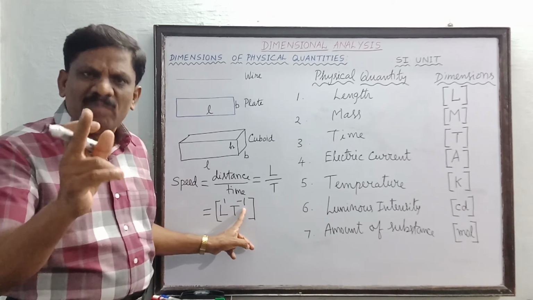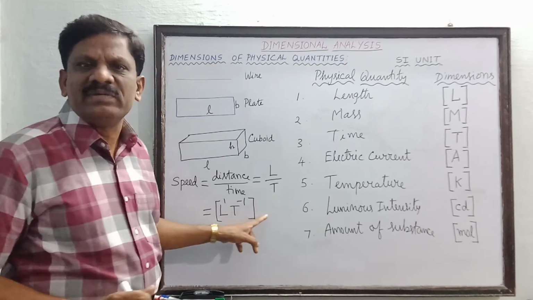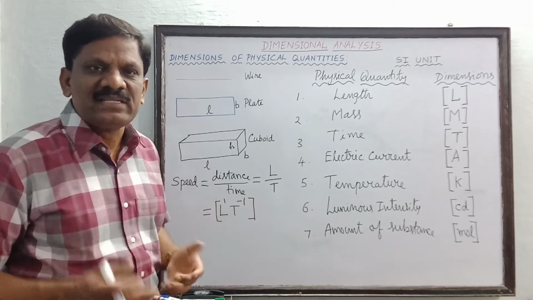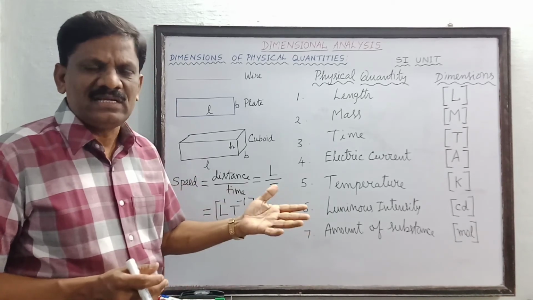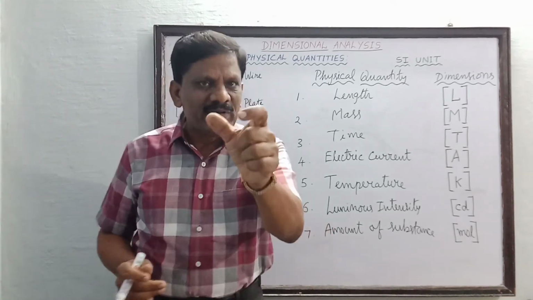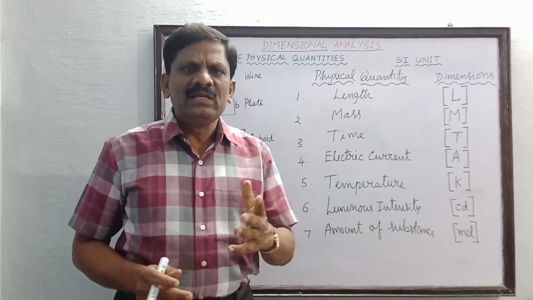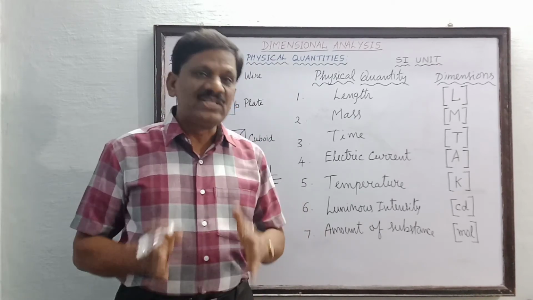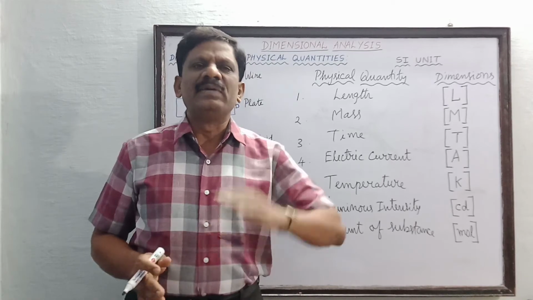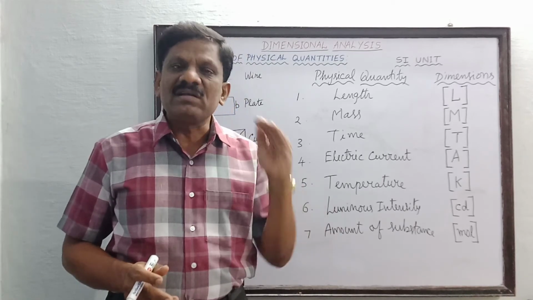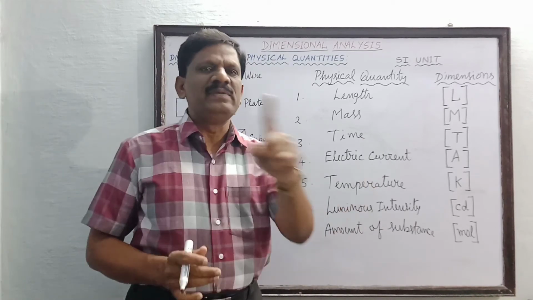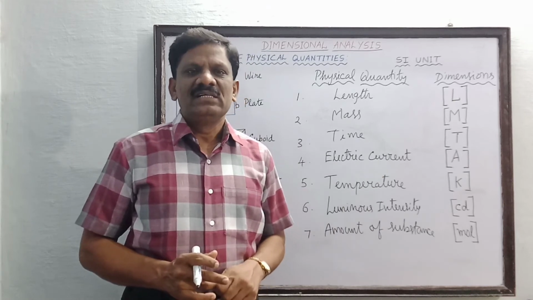Does it depend on the mass of the body here? Is there any mass term here? No. That means speed does not depend on mass. Shall I also say that it has zero dimension in mass? Yes, because in mechanics particularly, all three, length, mass and time, must be expressed in the square bracket. That is the rule.